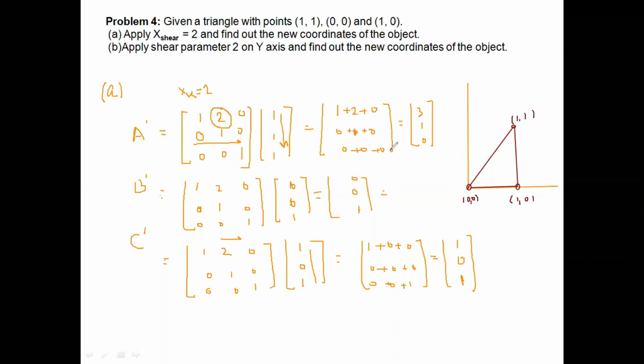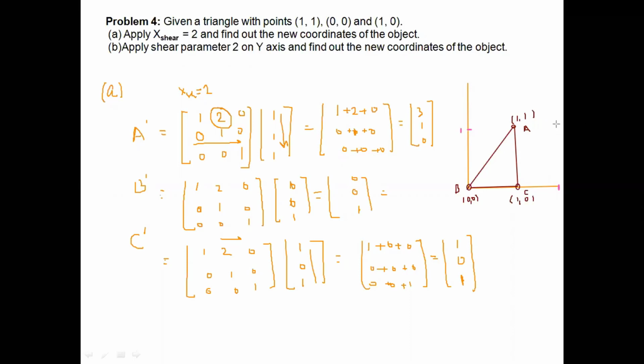Let's go with the shearing values. A dash, this is A, this is B, okay, this is C. Now let's see what we are going to achieve with the new values. So this is 3 1, 3 in direction X. Let's say this is 3, and this is 1.